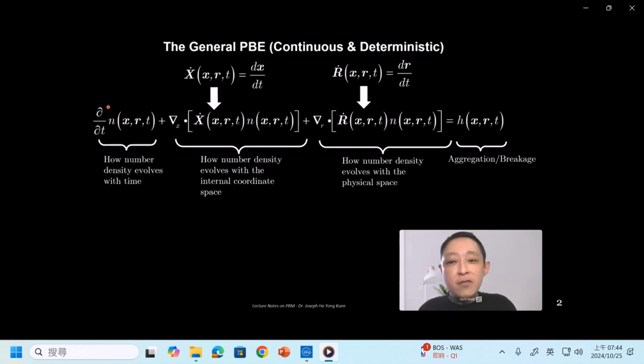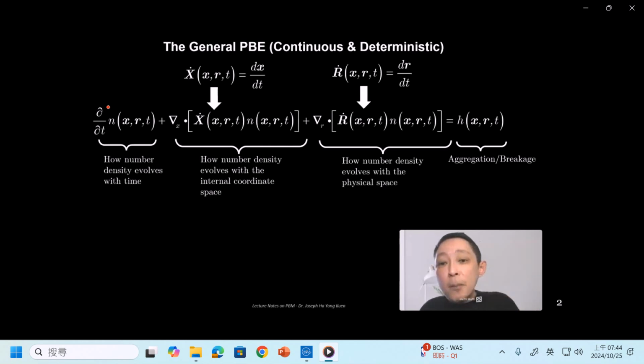That is first and foremost the population balance equation that we are talking about. There are many other versions of the population balance equation, but you can refer to some other excellent review papers that specifically discuss the different types. But here, what we are looking at are the continuous and deterministic type of population balance equation.